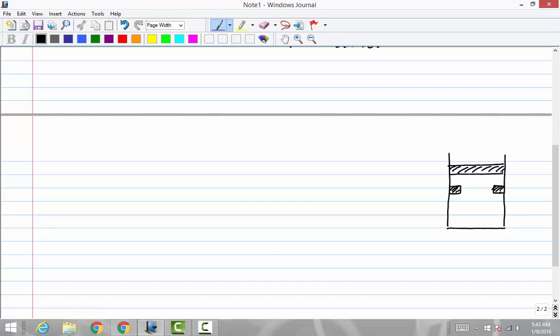The water is perhaps shrinking, so it moves downward, and these are stops, and this block is the piston. Whatever is inside here is the system. It's closed.